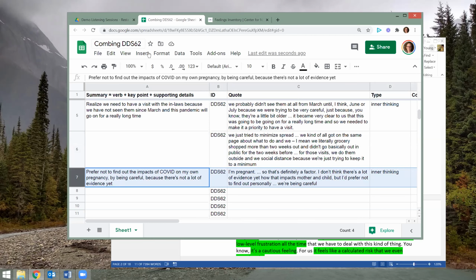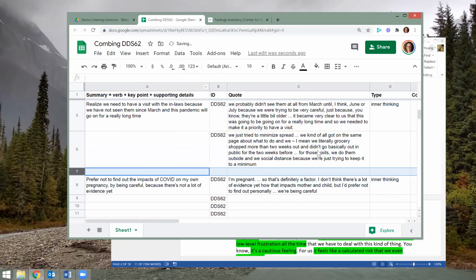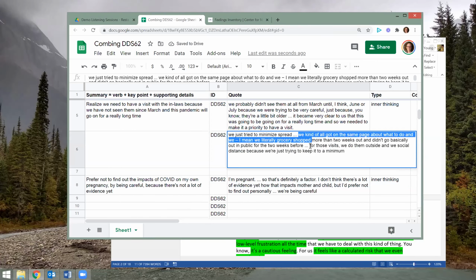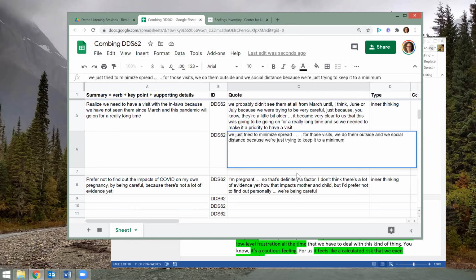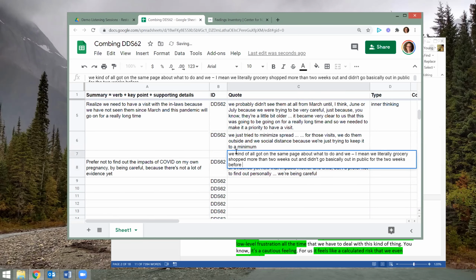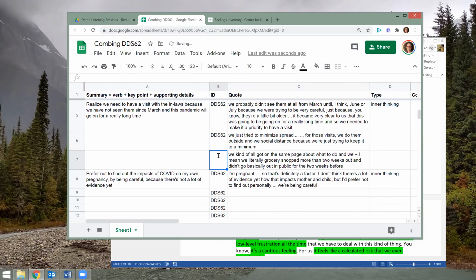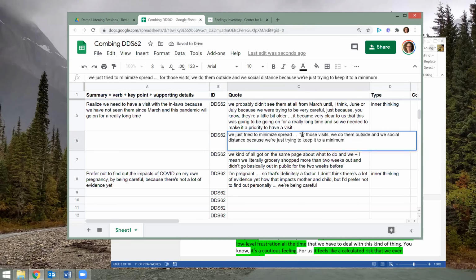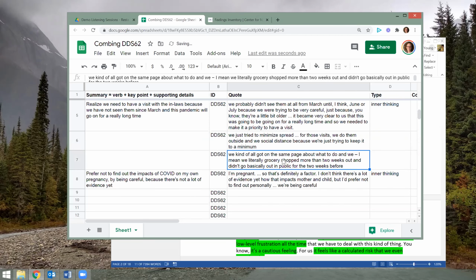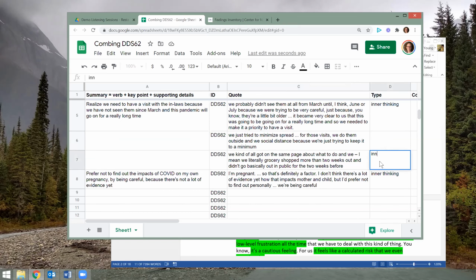Let's insert a row above. Untangle that. Control X. Put it here. Can get rid of one of these ellipses. So we kind of got on the same page. So this way, this thing is still pending. This one is inner. Well, it's actually explanation.